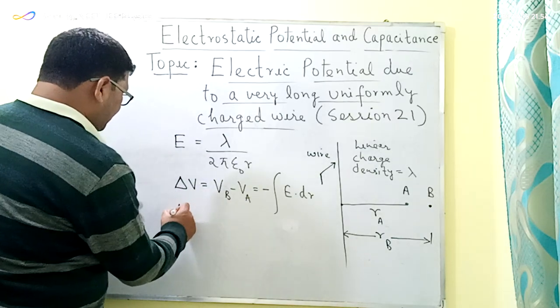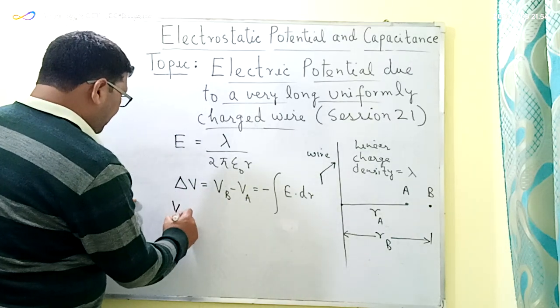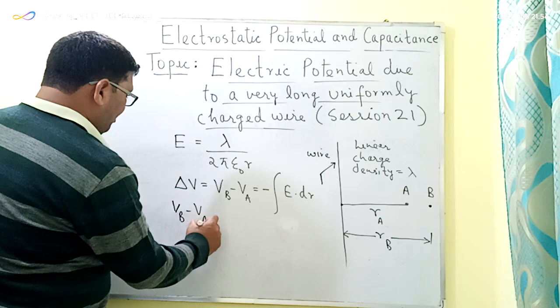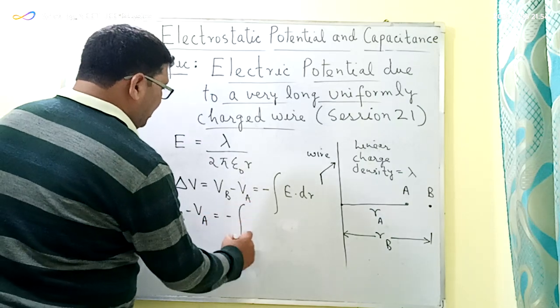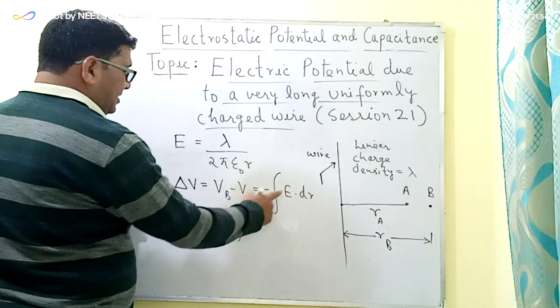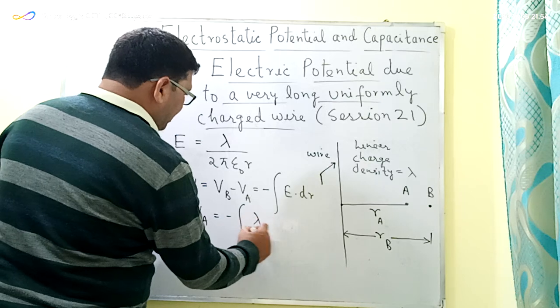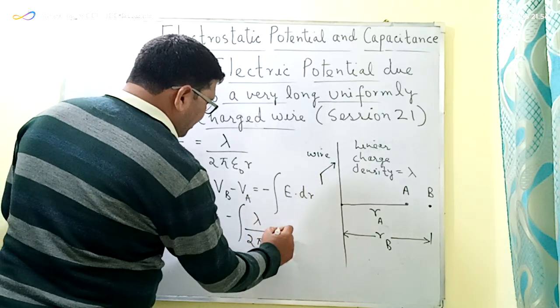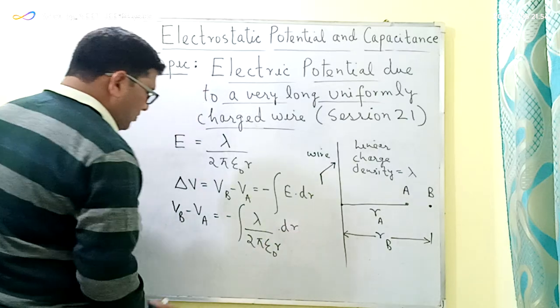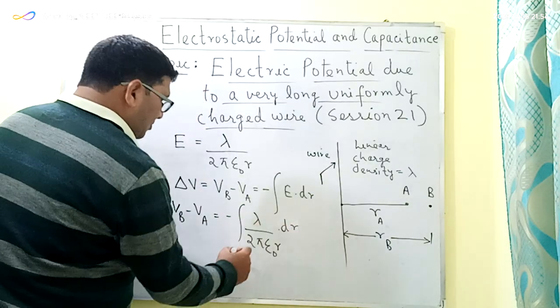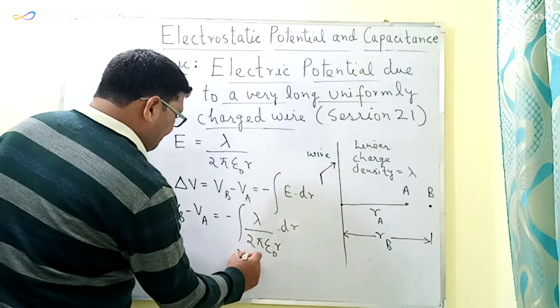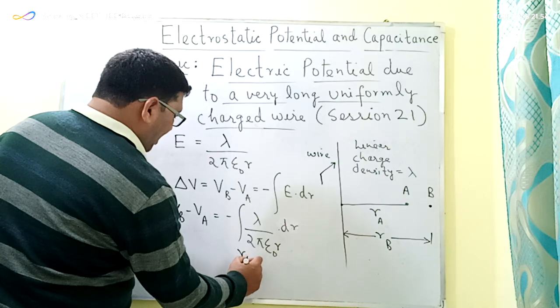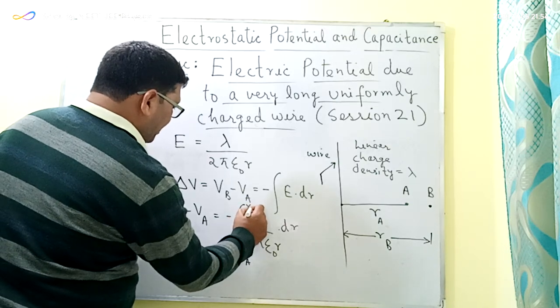So from here VB minus VA will be equal to minus the integral of lambda divided by 2 pi epsilon naught r dr, and the limits of integration will be from RA to RB.